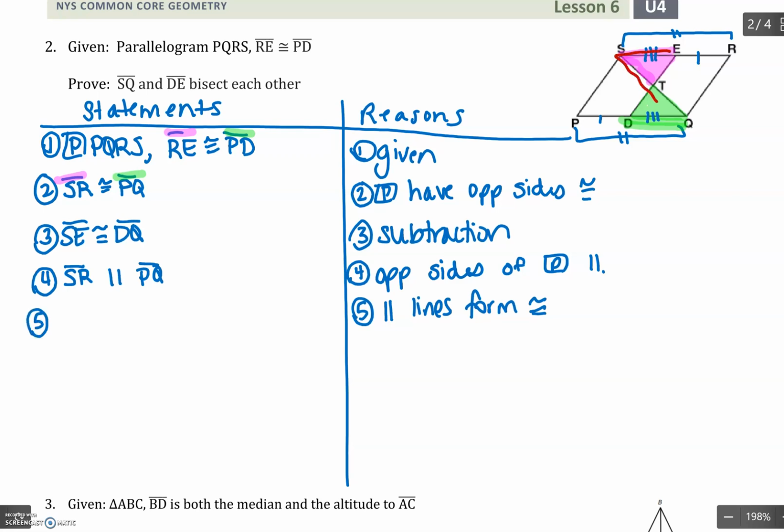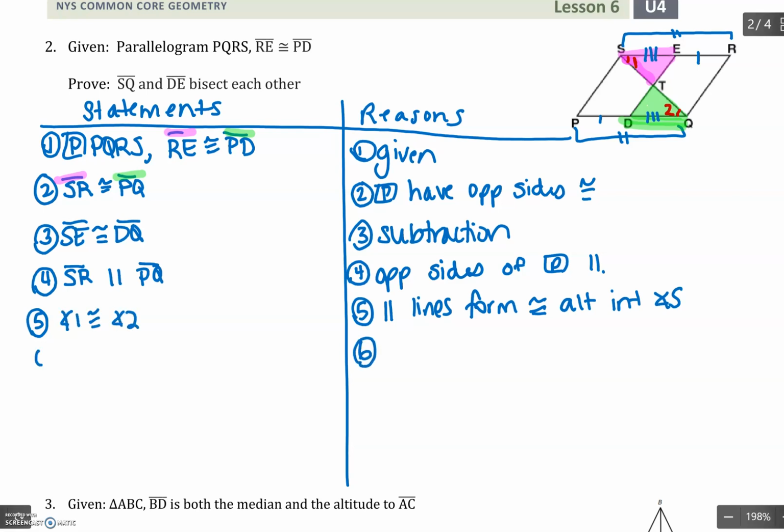And if I look here, I'm seeing alternate interior angles with that Z. So I can use angle 1 and angle 2 and say they're congruent because of the congruent alternate interior angles. So angle 1 is congruent to angle 2.